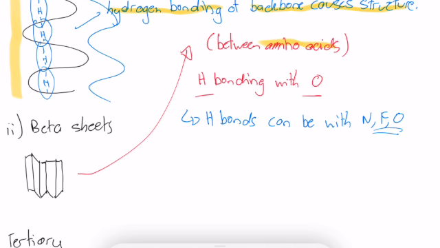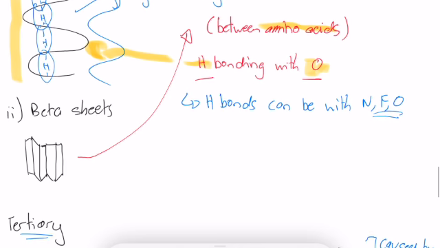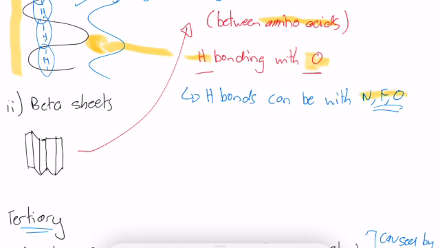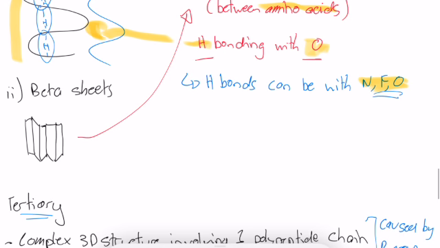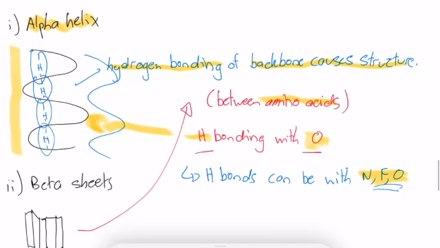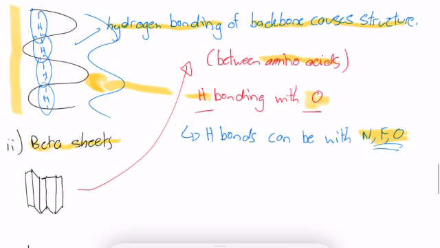And I'll just touch briefly on hydrogen bonding itself. We know hydrogen bonding in this particular instance would be bonding with oxygen. However, hydrogen bonding more broadly can be with nitrogen, fluorine, or oxygen. Similarly, another secondary structure is that of beta sheets, and they are different to alpha helixes in the sense that they have that more rigid type structure compared to that spiral type.